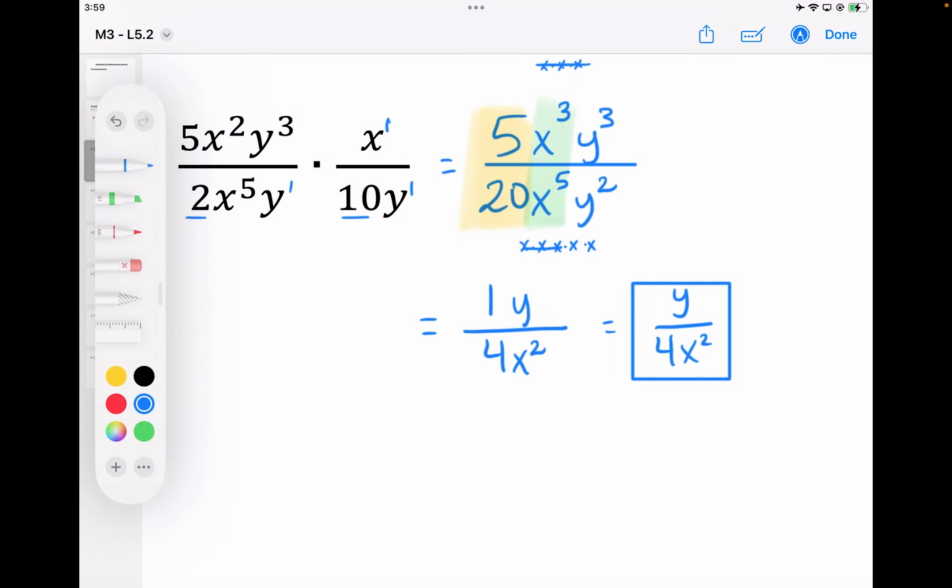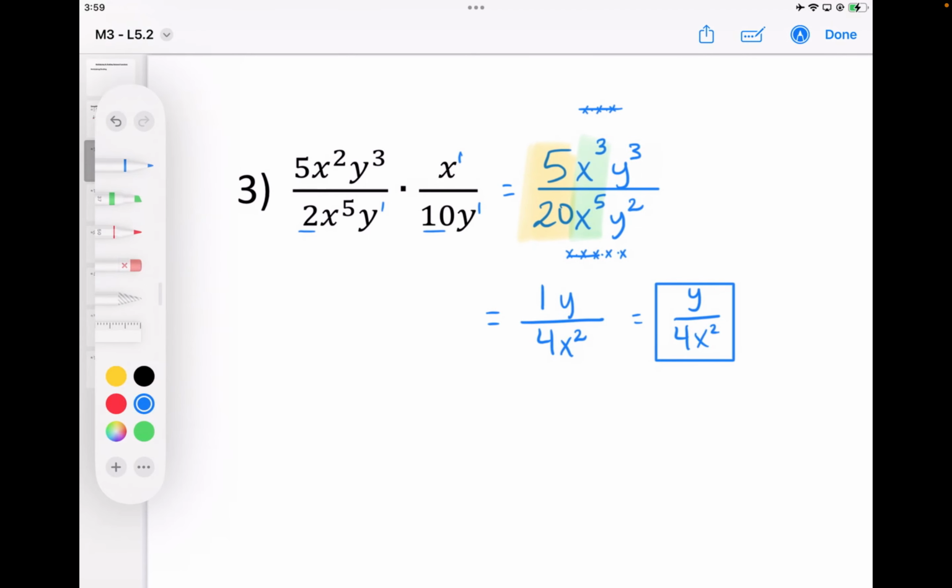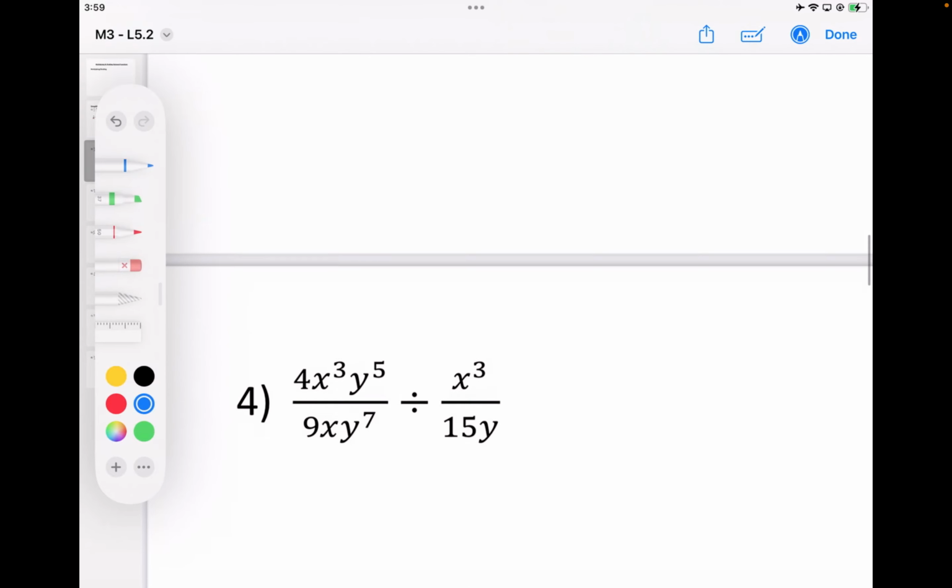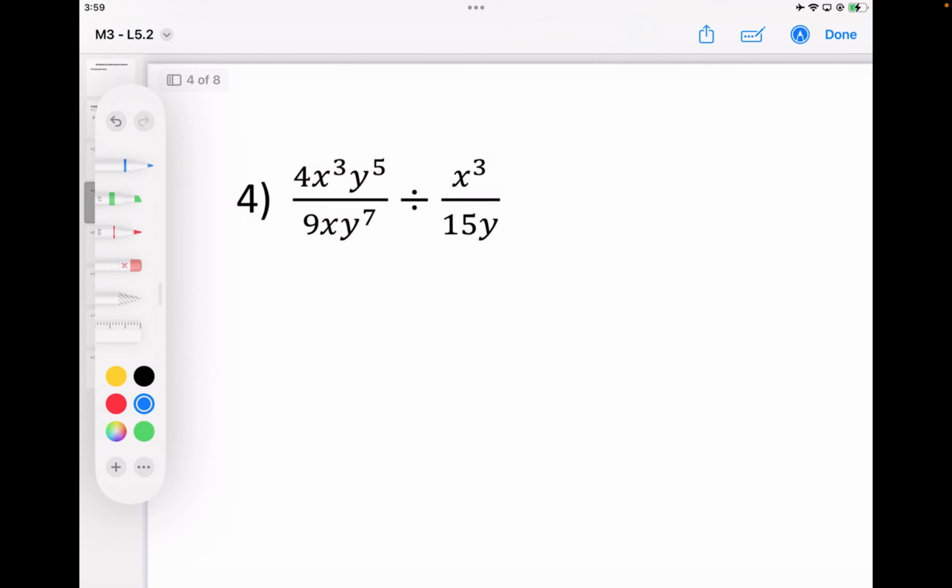Let's go ahead and do one more of these types of problems. Once again, there's no addition or subtraction. There's just a lot of variables, a lot of numbers involved. So sometimes it just makes life easier if you just multiply right away. Now this is a division problem. So remember, for division, before we can multiply, we've got to do our keep, change, flip.